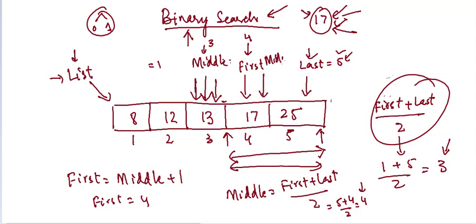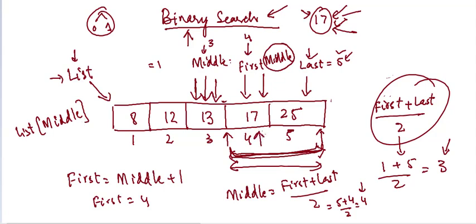Once again, now that we have established the middle of the remaining part of the array, we are going to check whether list middle, which in this case is list 4, and list 4 is 17, equals 17 or not. Remember, this was the value that we were searching for, and this is equal to true.